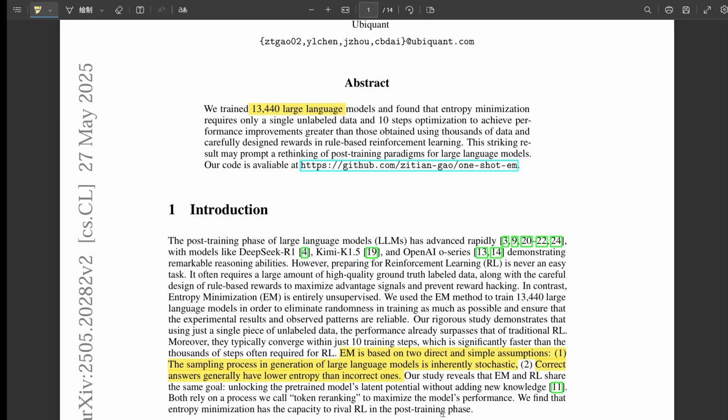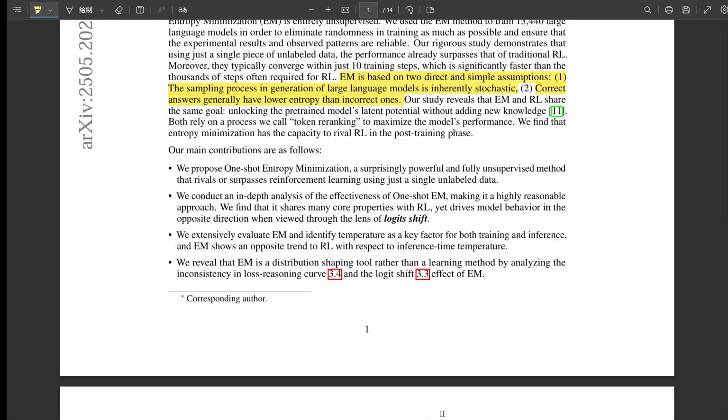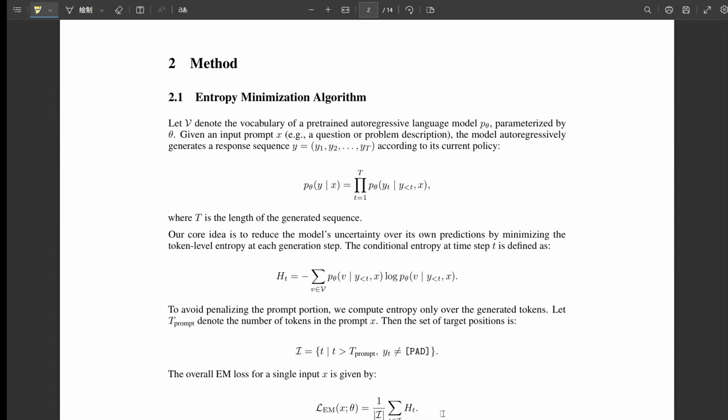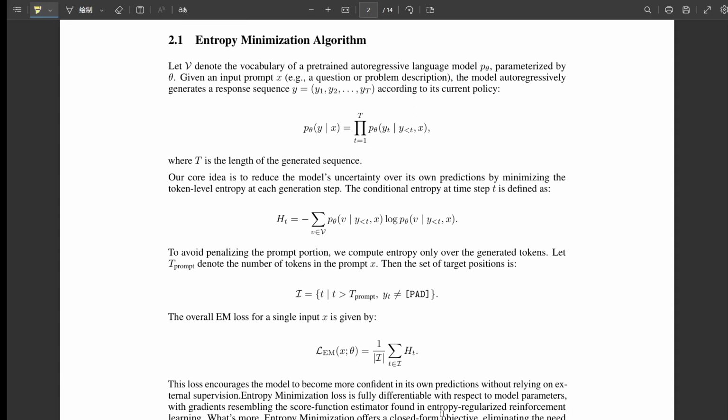Okay, speed. Let's get to the really wild part, this one-shot efficiency. This is where you see the academic claim really hit home in practice. The research shows performance boosts on reasoning tasks that are as good as or sometimes better than methods that need thousands of data points and tons of training time. And EM does this with one single unlabeled data point and about 10 training steps.